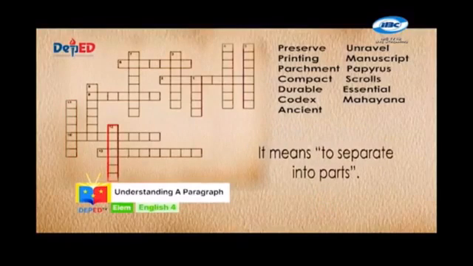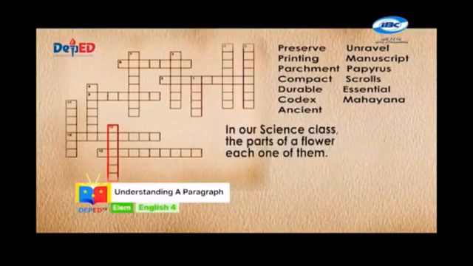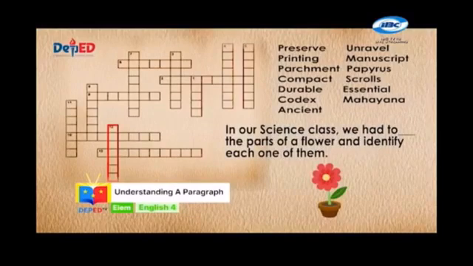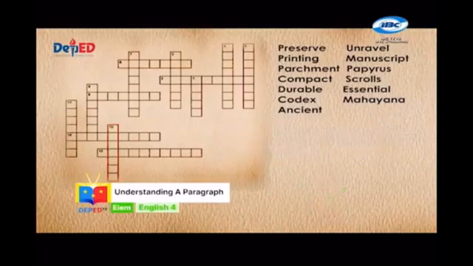It means to separate into parts. In our science class, we had to the parts of a flower and identify each one of them. We're halfway there. Let's proceed to the words under across.